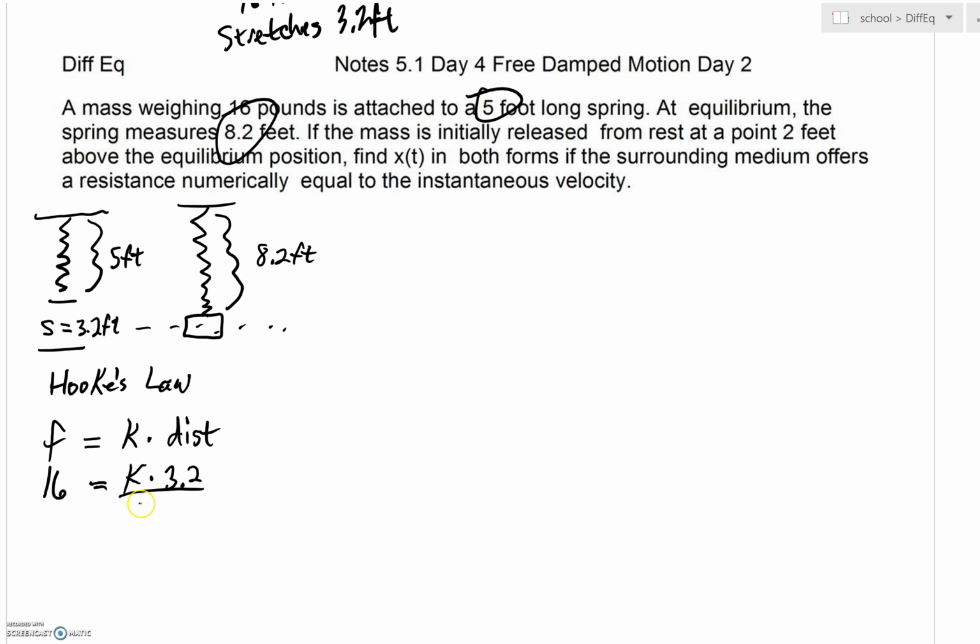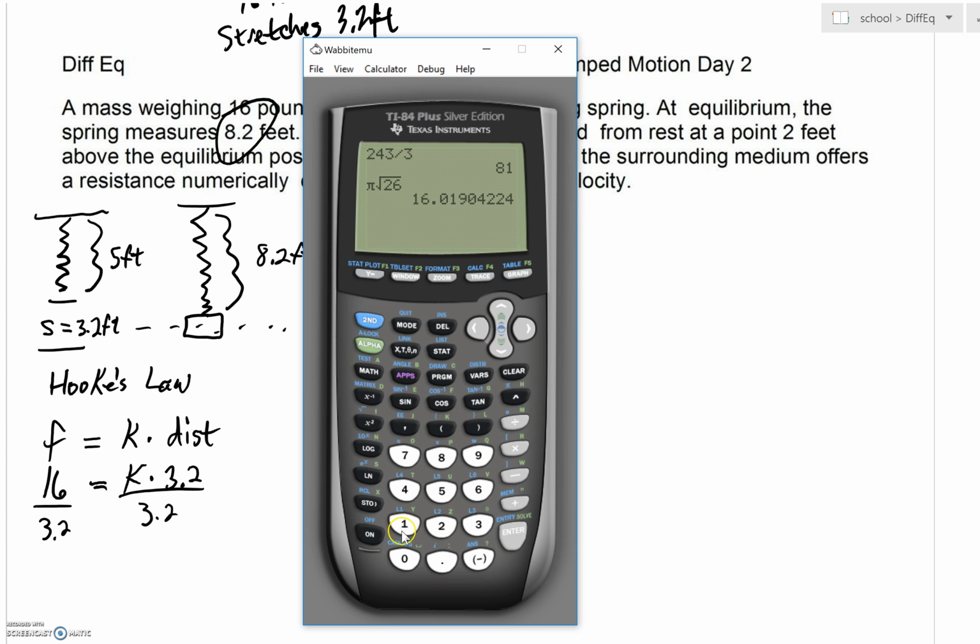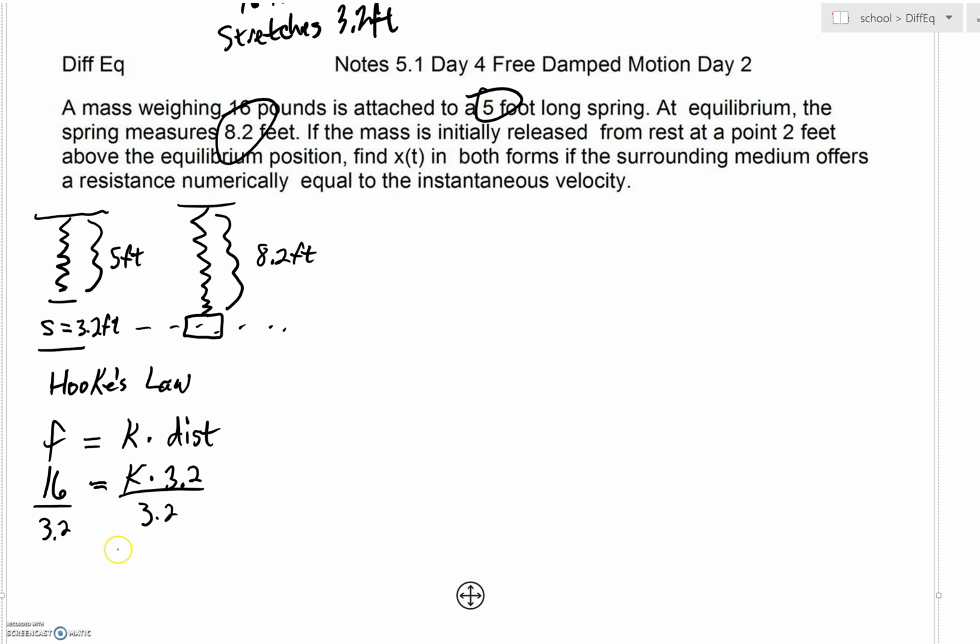Of course, we can convert 3.2 into a fraction and then divide, but for the sake of time, with a calculator in front of us, it only takes a moment to take 16 divided by 3.2 and get 5. Remember, 5 is a very important answer here, that k is what we are looking for. You might remember that k is so critical. We need to know that.